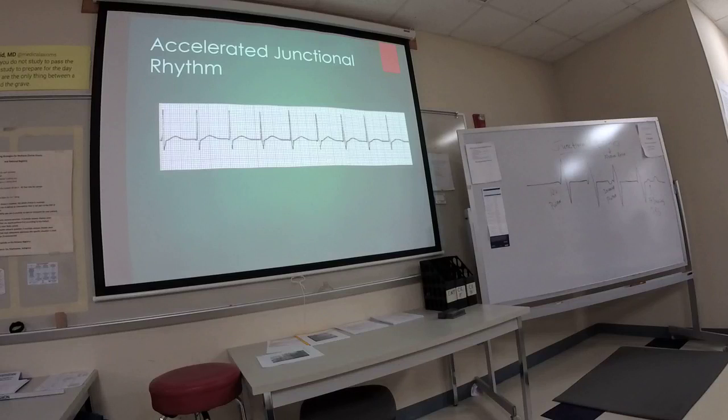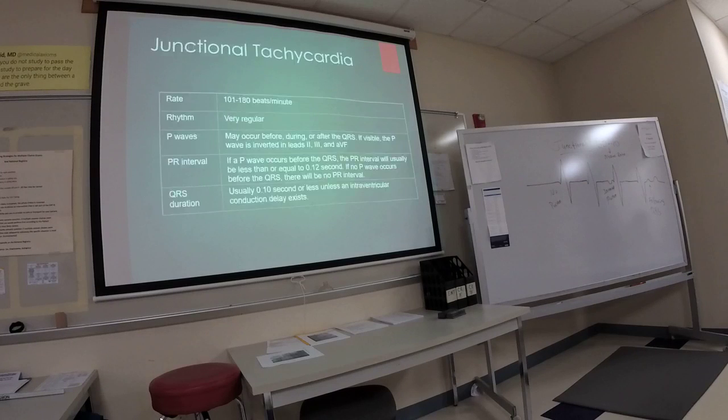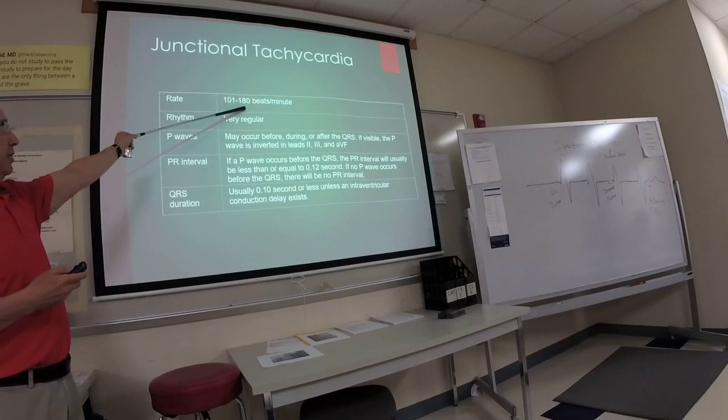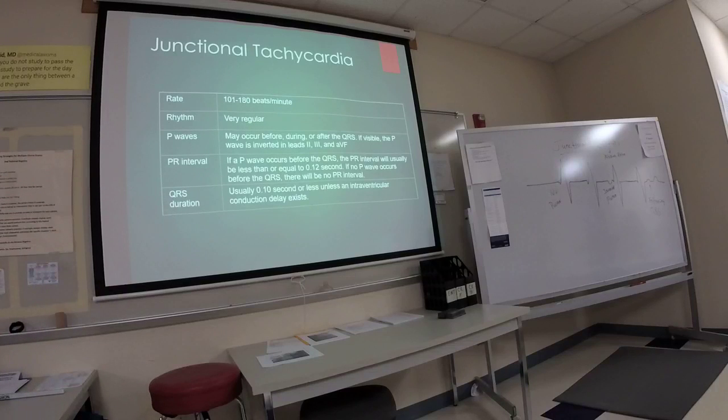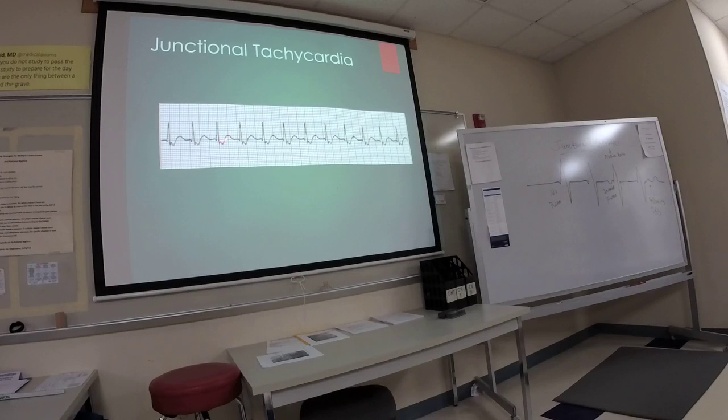So this is accelerated because it's less than 100. And then you have a junctional tachycardia, which is 100 to 180. This would be a different rhythm. I can't imagine it getting that high. Okay? But you see this, so it's 1, 2, 3, 12, so 120, a junctional tachycardia at 120.